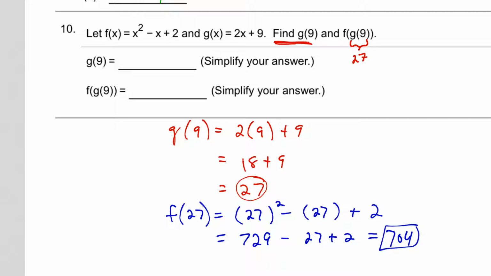Okay, so this one was asking you a particular question about g. Input 9 into g, and then that answer, whatever you got, is going to go inside of f. Okay?